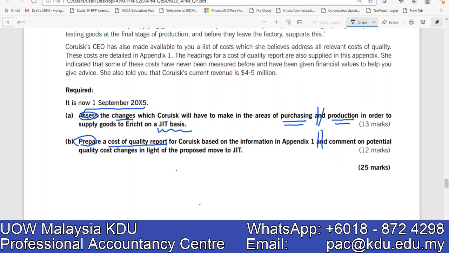Is there a verb? Yes. Comment. Now what if the verb comment is not there? What verb is that? Go back to the front. You understand what I'm saying? So when there's a verb there, of course, you follow the verb over here. Comment on potential quality cost changes in light of the proposed move to JIT.